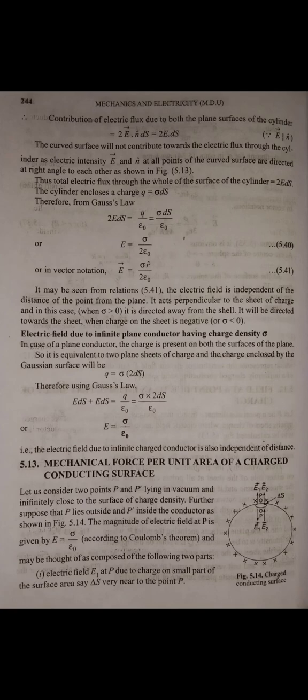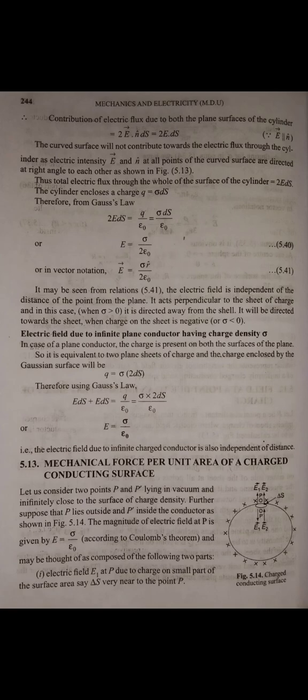As shown, the magnitude of electric field at P is given by E equal to sigma by epsilon naught according to Coulomb's theorem, and may be thought of as composed of the following two parts.